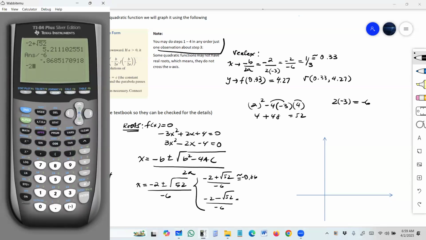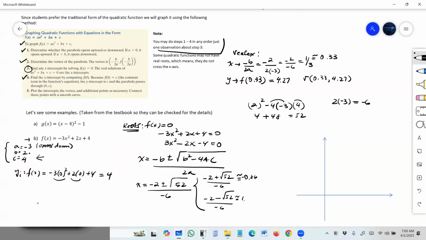So it's -2 minus. Now it's the operation minus. So it's the minus from below the multiplication sign. Square root of 52 divided by, again, -6, 1.53, approximately 1.53.